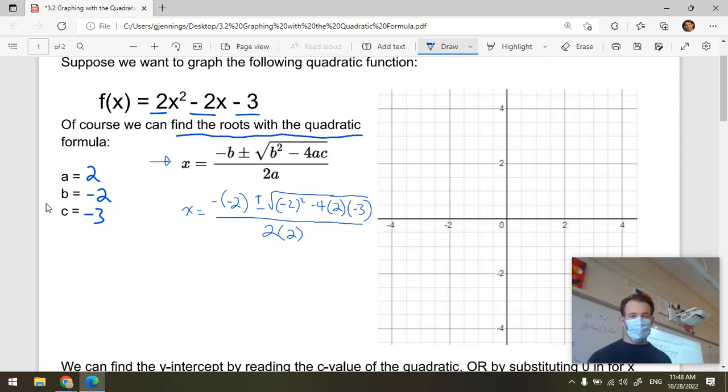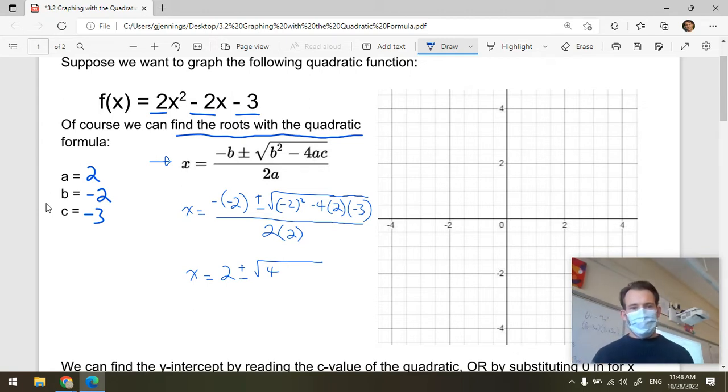Now, we process. We just chug these numbers through the quadratic formula. X is equal to 2 plus or minus the square root of negative 2 squared is 4. And then let's do negative 4 times 2 times negative 3. Negative 4 times 2 is negative 8. Negative 8 times negative 3 is positive 24.